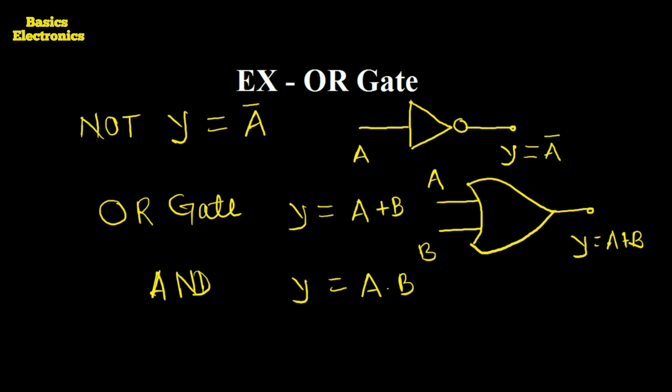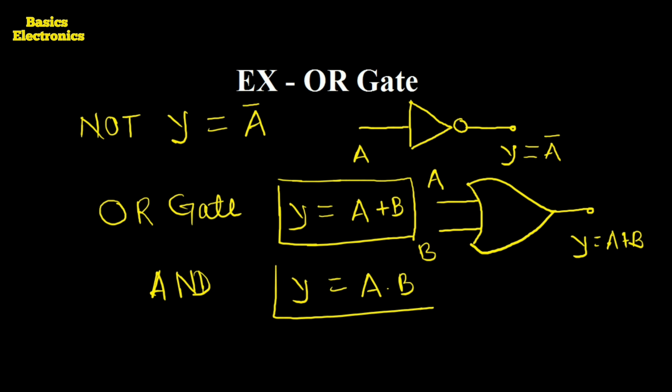The second gate we saw, the OR gate, has the logical equation Y equals A plus B. And the third gate has the logical equation Y equals A dot B. If we look at the equations of these three gates, they are all different, as well as their logical statements and working principles. The idea behind each and every gate is different.